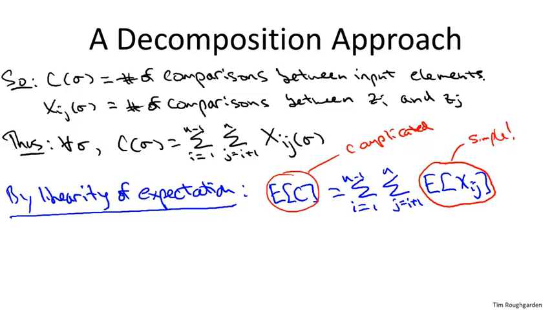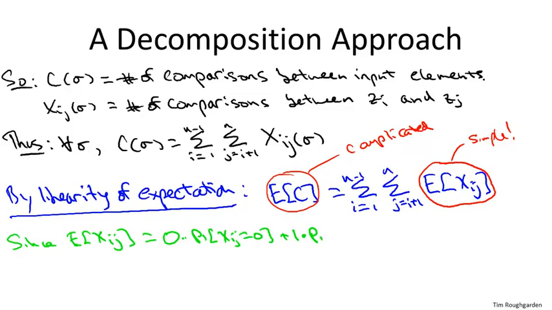In fact, because these are indicator random variables, we can even clean up this expression some more. For any given xij being a 0, 1 random variable, if we expand the definition of expectation, just as an average over the various values, what is it? Well, there's some probability it takes on the value 0, and there's some probability it takes on the value 1.